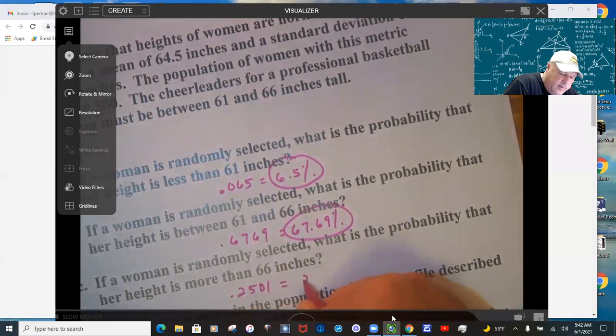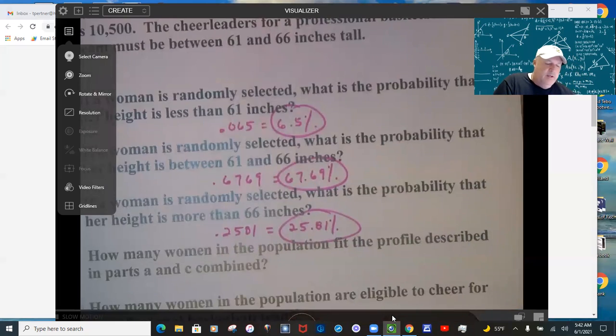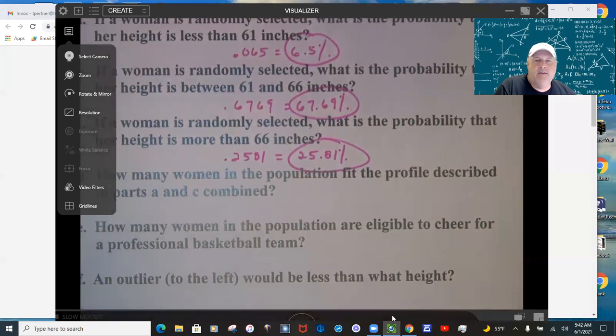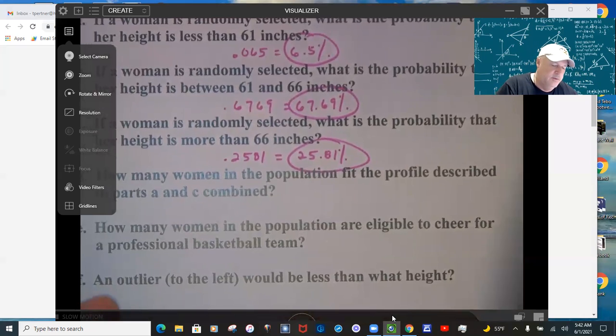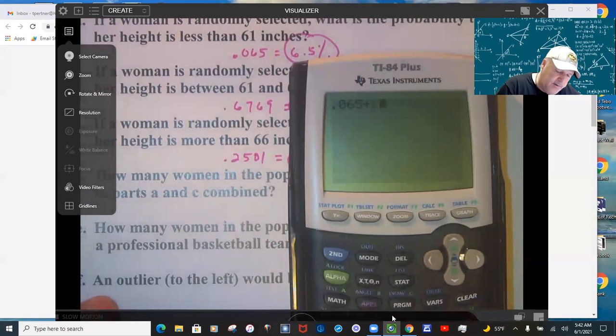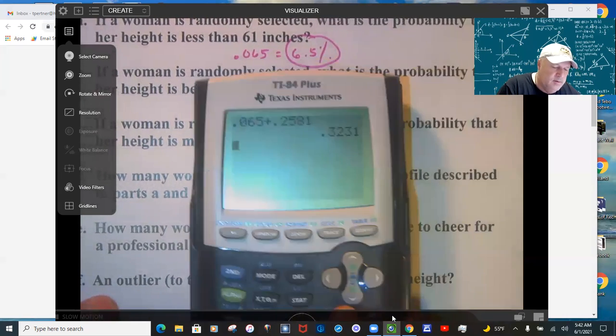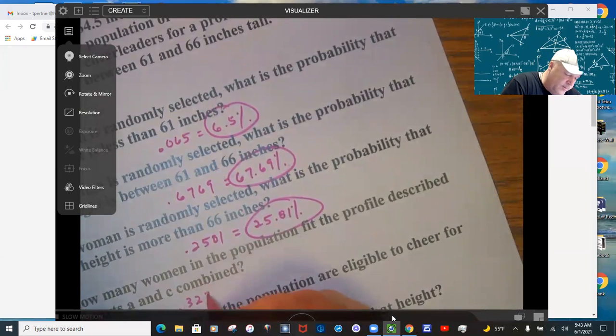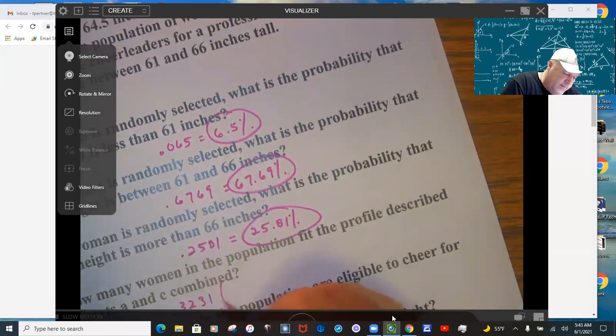So you're using the calculator to do this. So A and C are how many of the women that this does not work for. So you're going to add the 0.065 to the 0.2581. That's 0.3231. So you're going to take that times the 10,500.